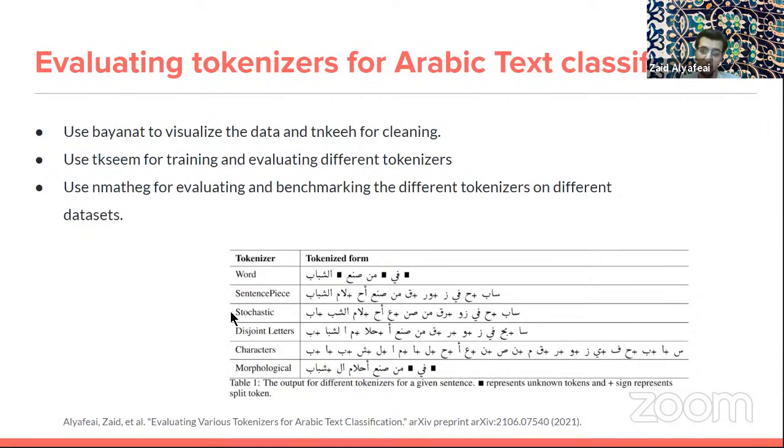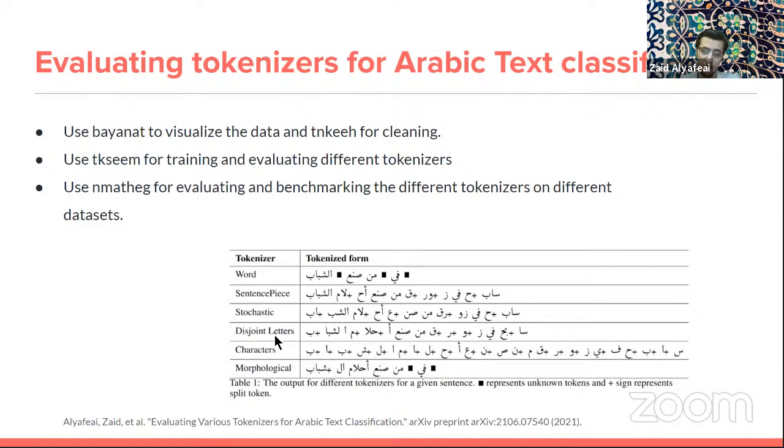When we use a stochastic tokenizer, we split tokens randomly without taking any frequency or meaningful morphemes into account. So this usually creates some random tokenized words.